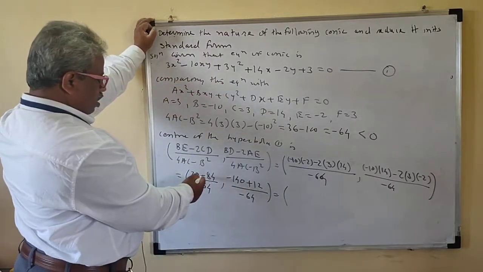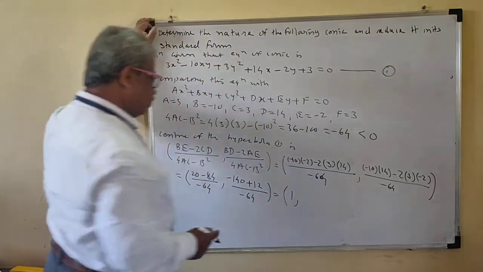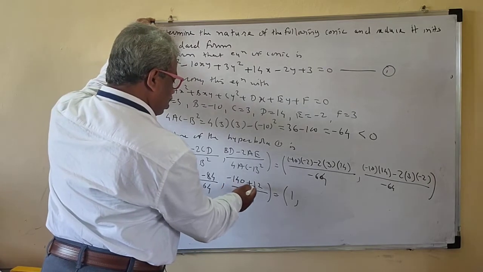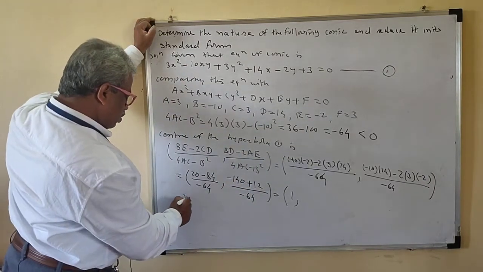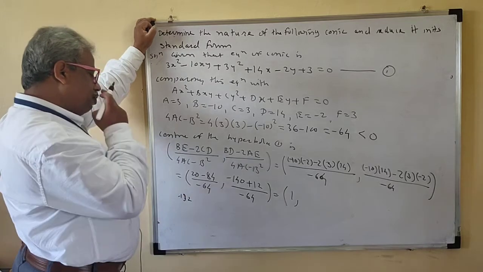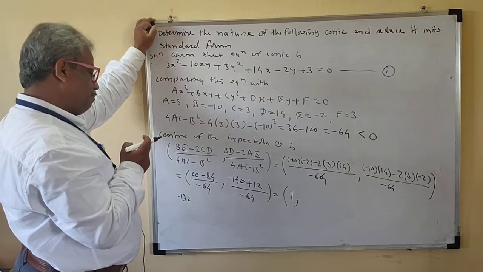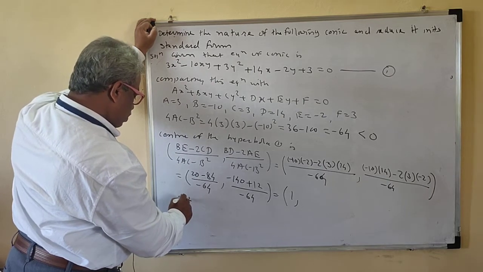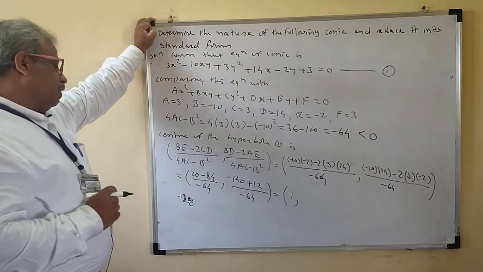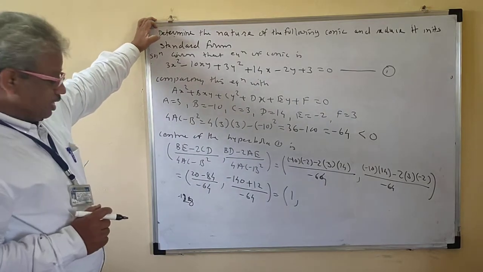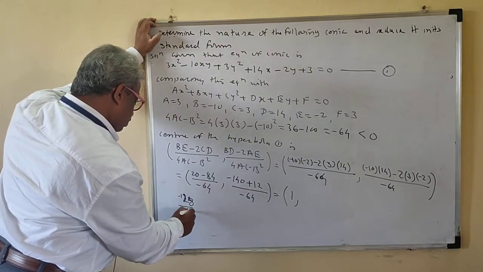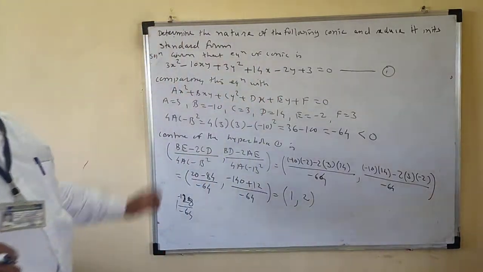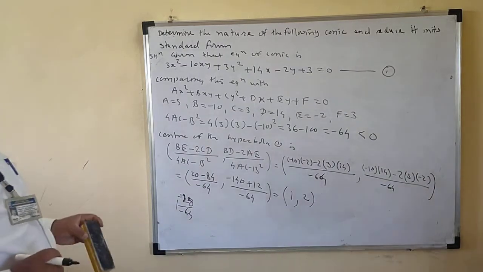So this is minus 128 upon minus 64, so this is 2. So the center of the conic is 1, 2.